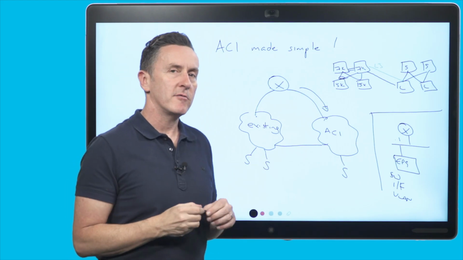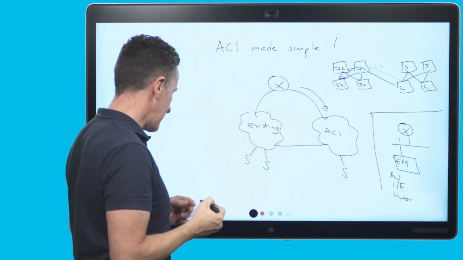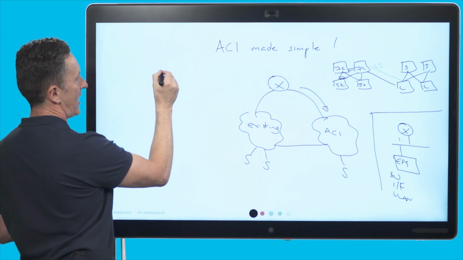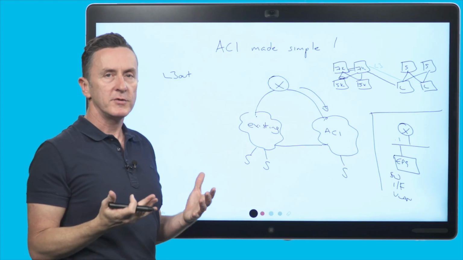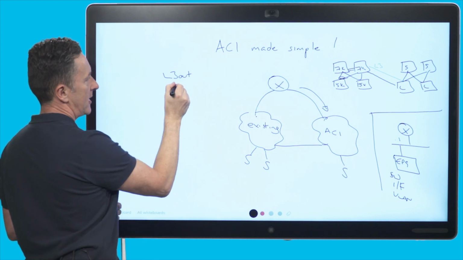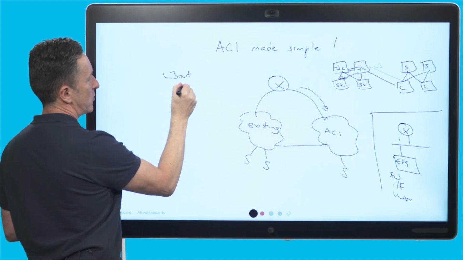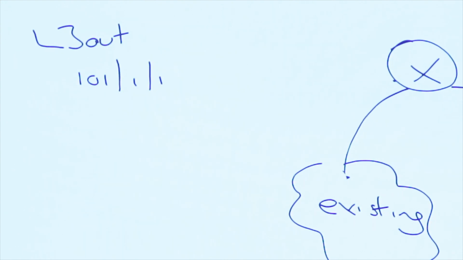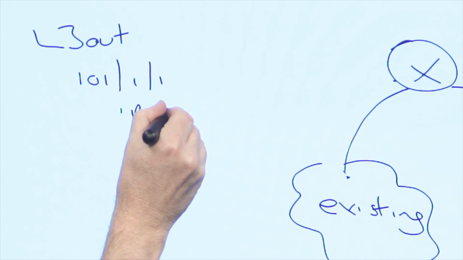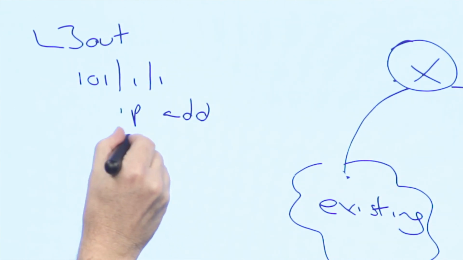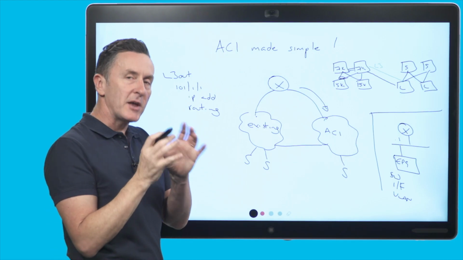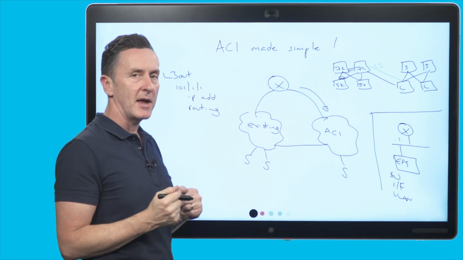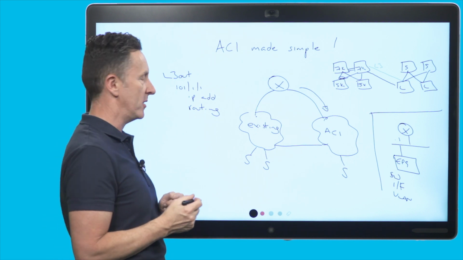To present that layer 3 connectivity, in ACI we have what's known as a layer 3 out. A layer 3 out is quite simply a routed interface. So maybe it's going to be switch 101 port 1/1. That's the interface, and it's going to contain the IP address for it, the routing protocol, and a special EPG that tells it which remote subnets can be contacted through that network.